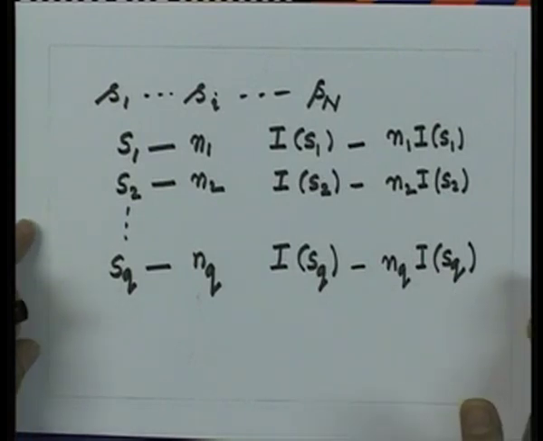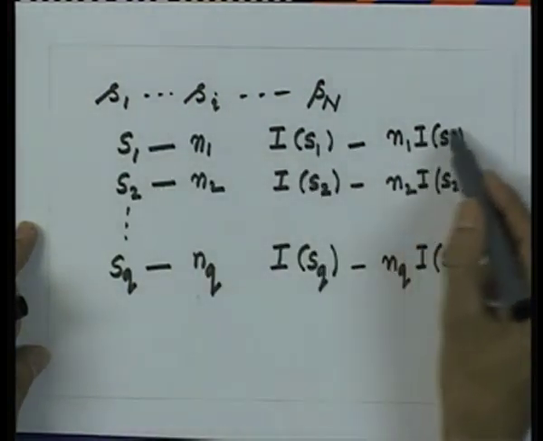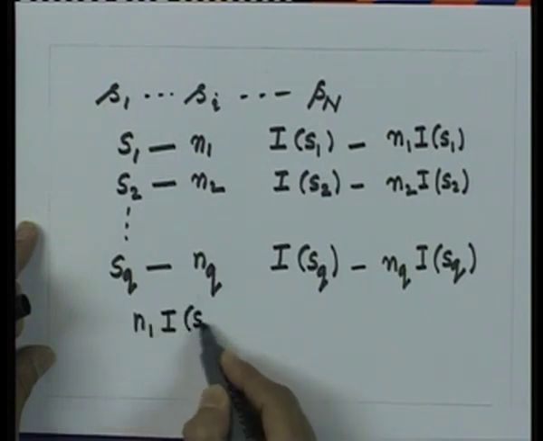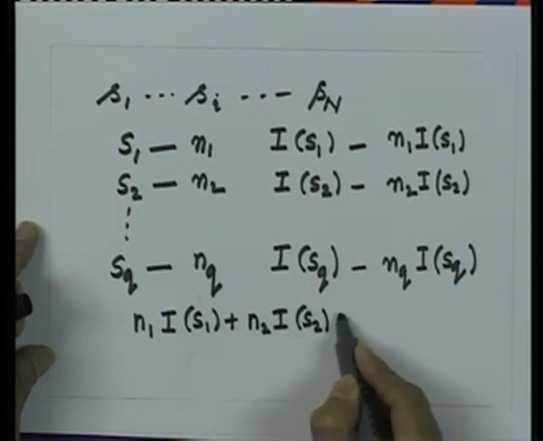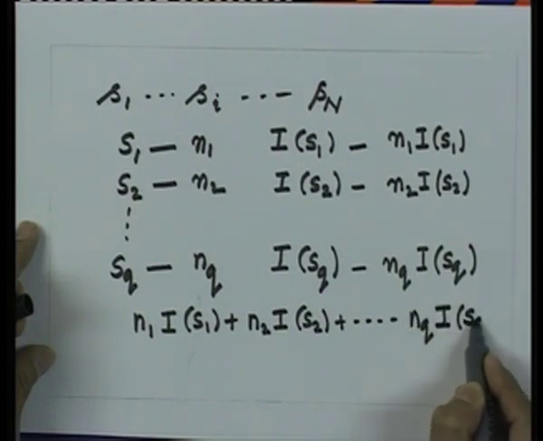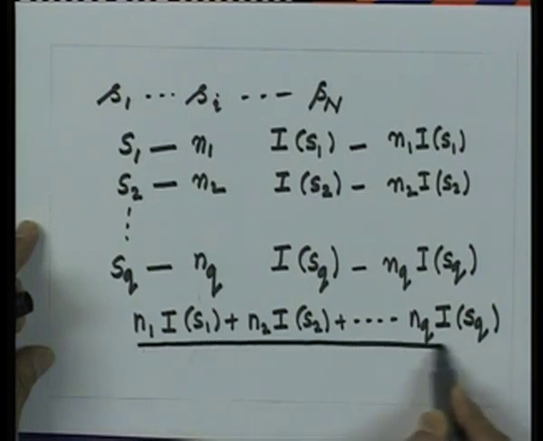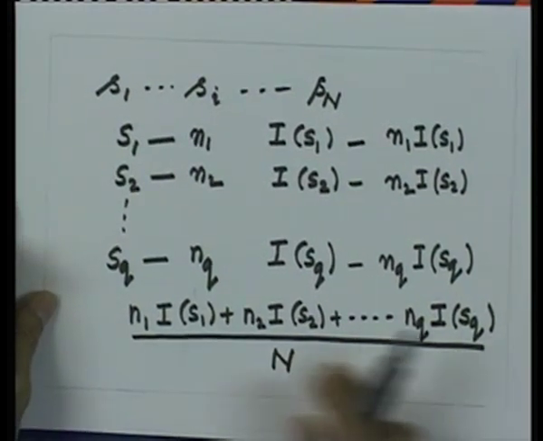So, total information which I get from this string S1 to Sn would be the summation of all these values. Now, if I am interested to find out the average value, I can simply divide this by capital N. If I divide this by capital N, then I can write this expression.